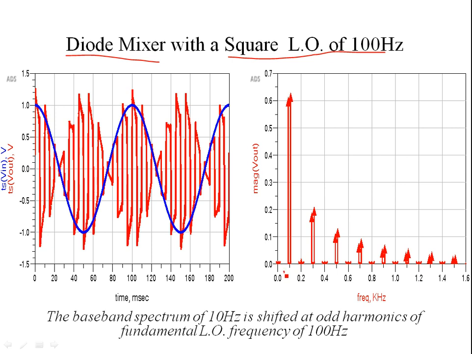So for example, this is 100 hertz, then this is 300, with amplitude decreasing to 1/3 of the sideband, and then you have 500, and then 700, and this continues. The strengths of the tones shifted at the odd harmonics are decreasing, as expected in the Fourier series expansion.